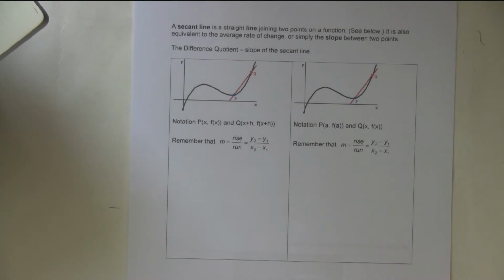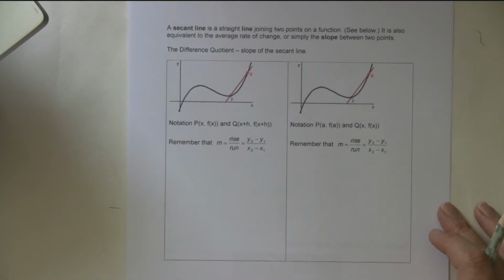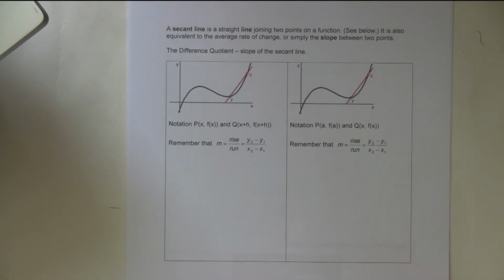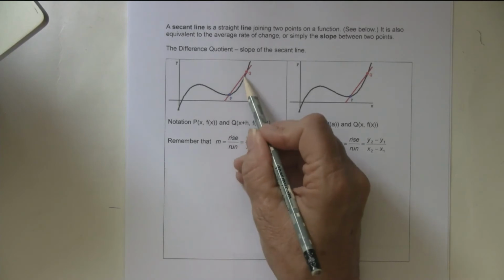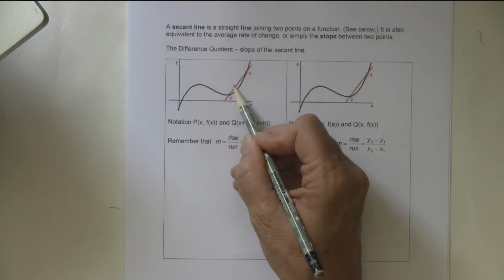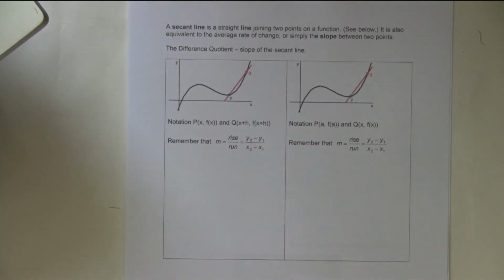So anyway, here they're talking about the secant line. And a secant line is a straight line that is joining 2 points on a function. And so here are the 2 points, P and Q, and the line that joins them is called the secant line. And then the difference quotient, you probably heard that term thrown around in your math analysis class, whether you took it at Bakersfield College.